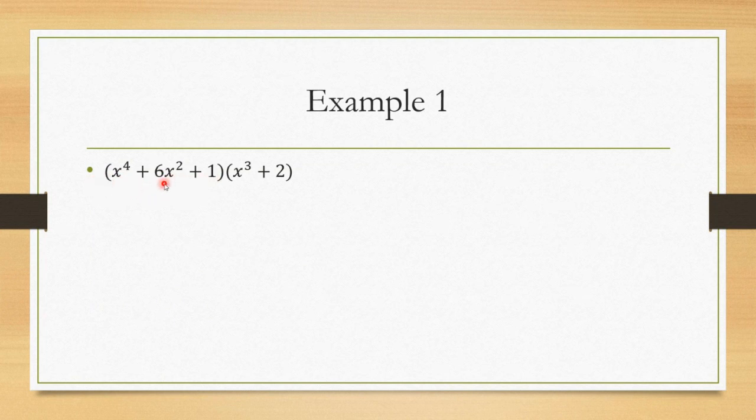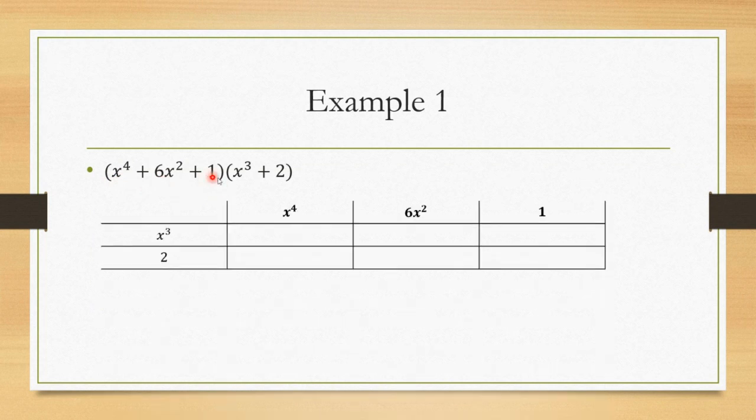So each term here is going to give us a column, as you can see. And each term in the other polynomial gives us a row.